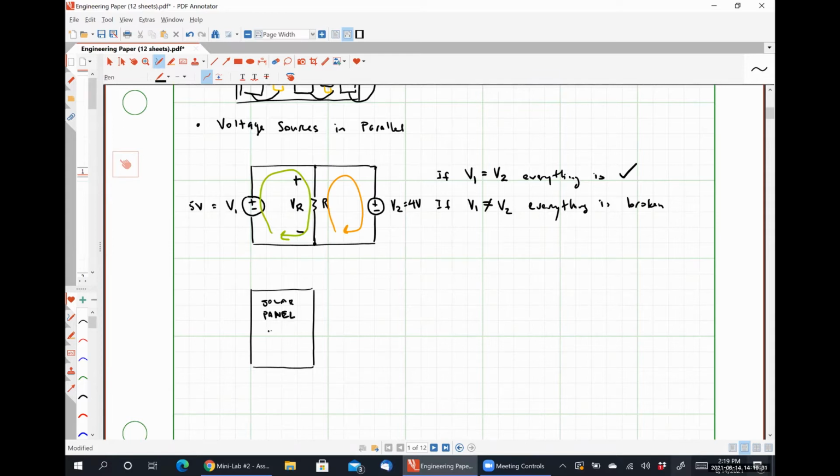And it has a voltage rating of, let's say, 12 volts and a power rating of, let's say, 48 watts.